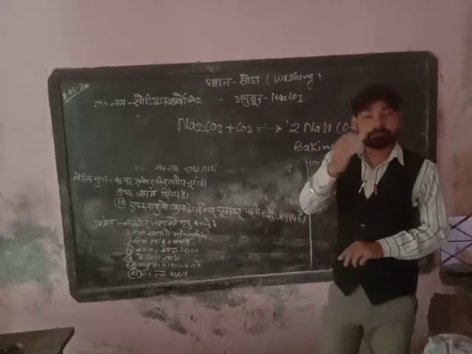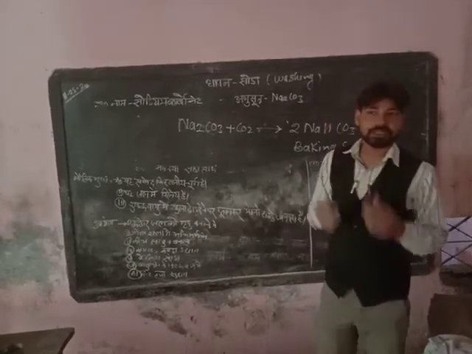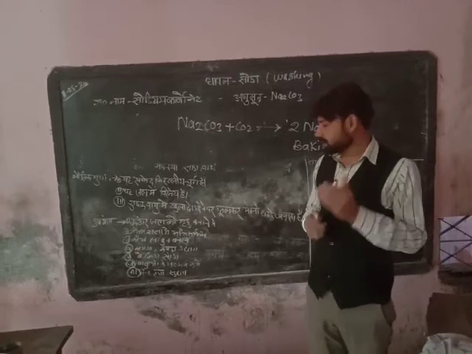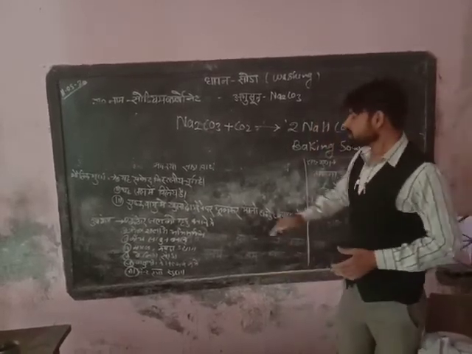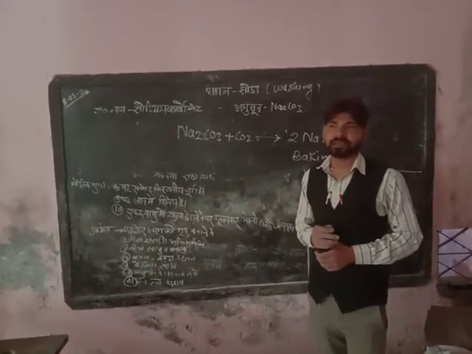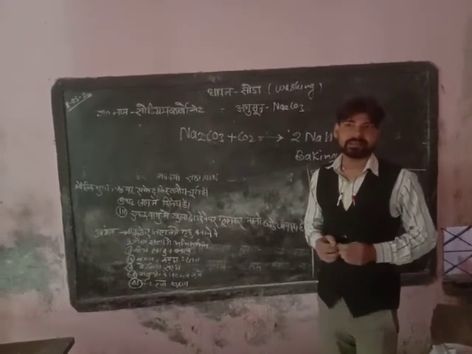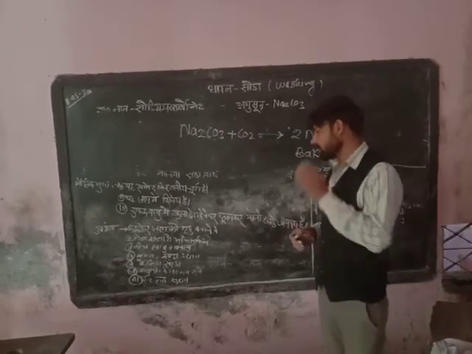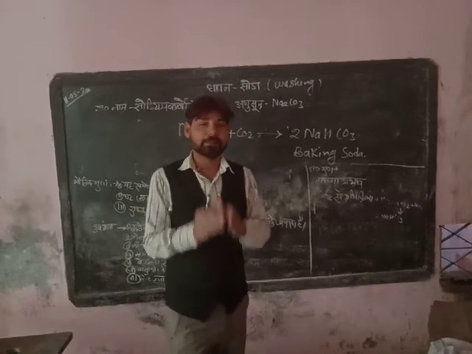It is used in the making of glass and soap, and also in the paper and cloth industry. It is used in making baking soda. An important use of washing soda is in the extraction of metals, that is, the metallurgical process. And the last uses of washing soda are in making paint and borax.